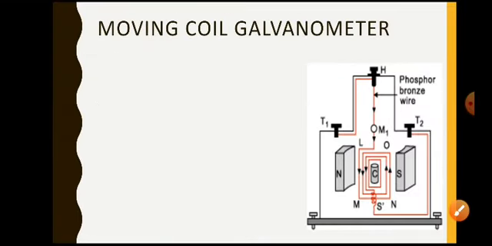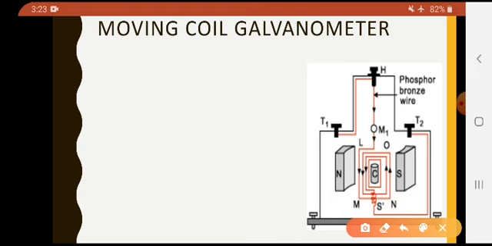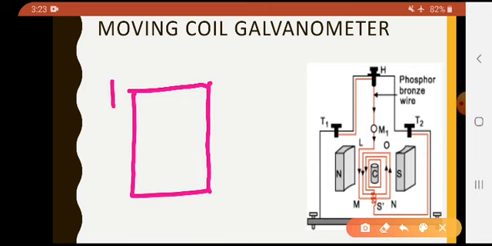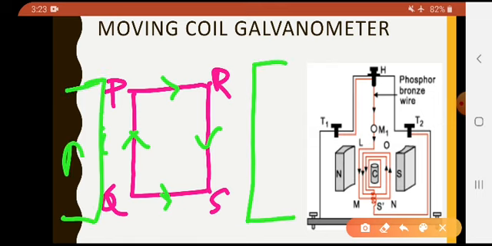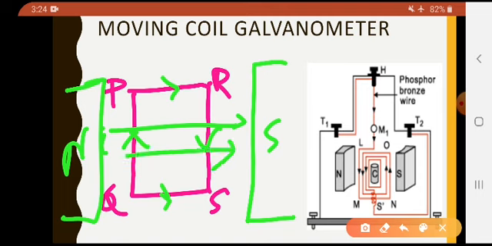Here, see this coil. Take the single coil PQRS. Current I is passing through this coil, right? This is placed in the north and south magnetic fields, so a radial magnetic field is there.